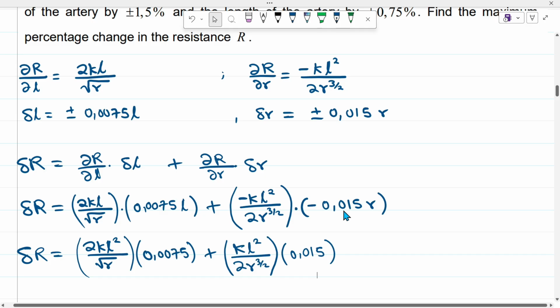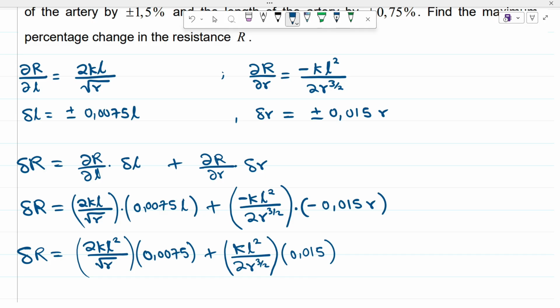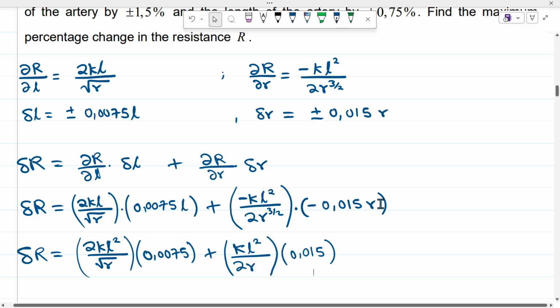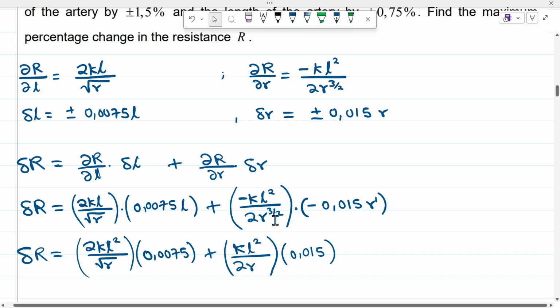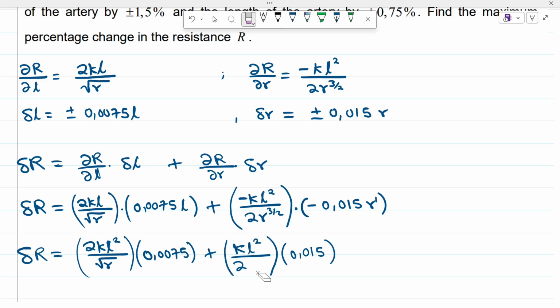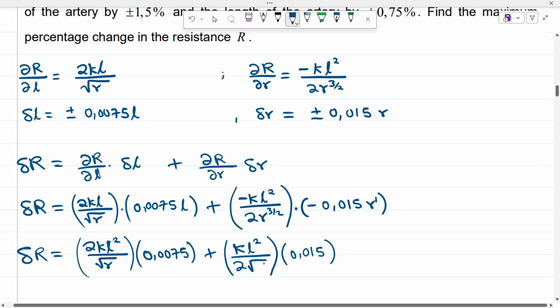Oh, no. This is not going to be 3 over 2, because when we multiply r by this, since r has an exponent of 1, then 1r will get subtracted there, and then we'll only be left with r to the power 1 half over r to the power half. So this r to the power half is the same as root of r.